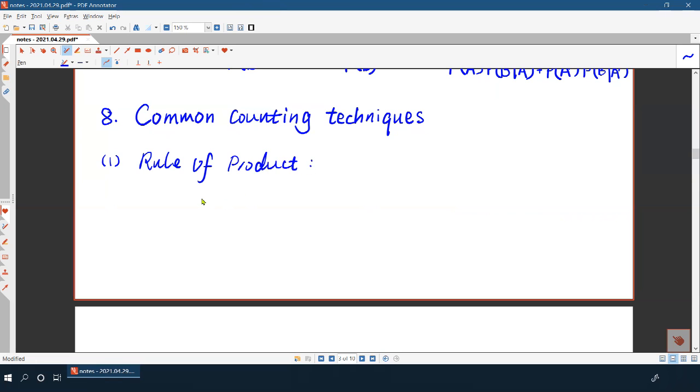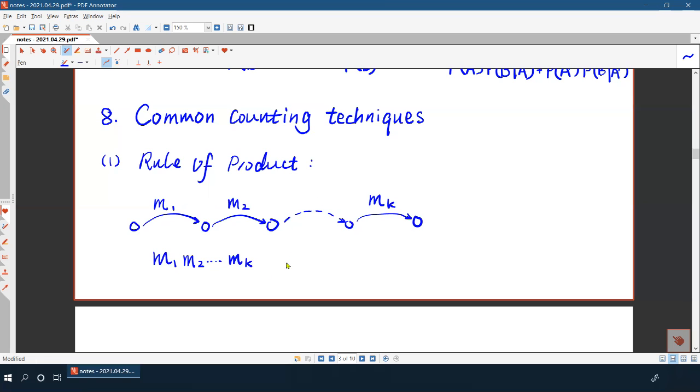The rule of product states that if a task involves k steps, and for each step we have M1, M2, ..., Mk different methods, the total number of ways to complete the task is M1 times M2 times etc. times Mk. This is the total number of ways to complete the task, right?